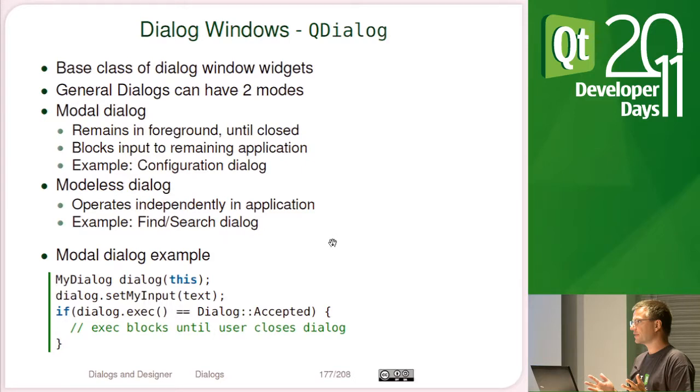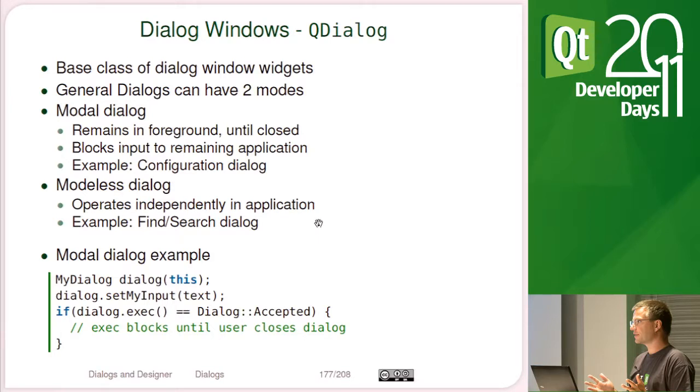So there are two different modes of showing a dialog, and I think all of you know about modal and modeless dialogs. A modal dialog will be opened and stays on top until the user has pressed OK or cancel and the dialog disappears, and then the input control is back to your application.